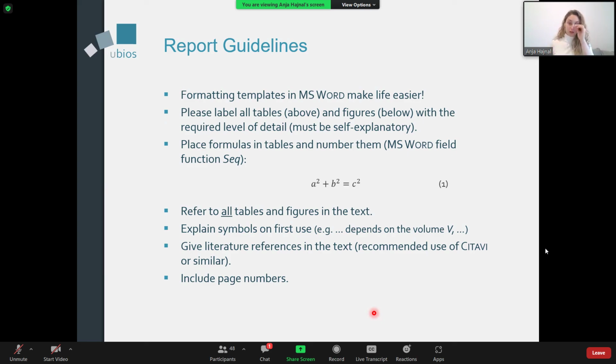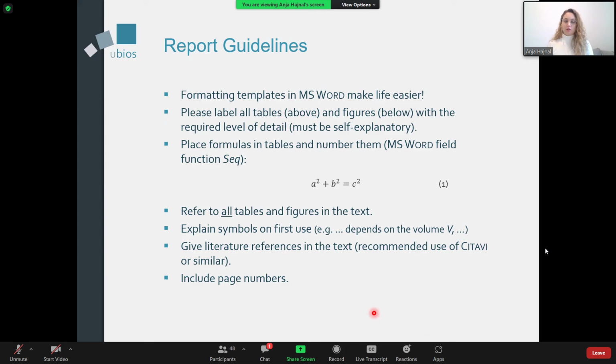Tables are usually labeled above the table, and figures have the label underneath. All the tables and figures in the report should be explained and referenced in your text. If you put something in, give some meaning to it and explain why it's there. Don't put something in just to use space or to cram in as much information as possible.